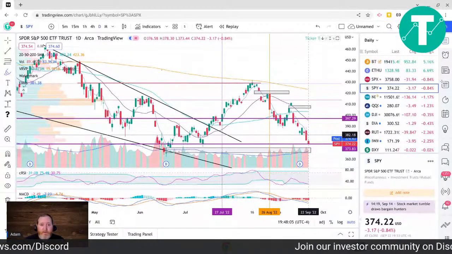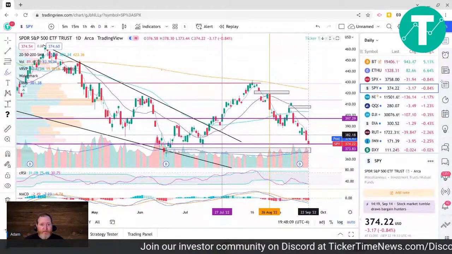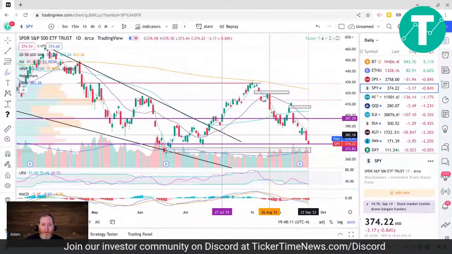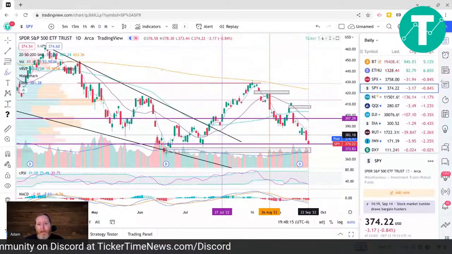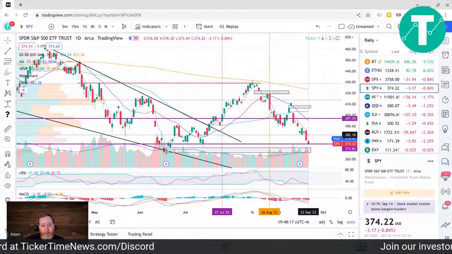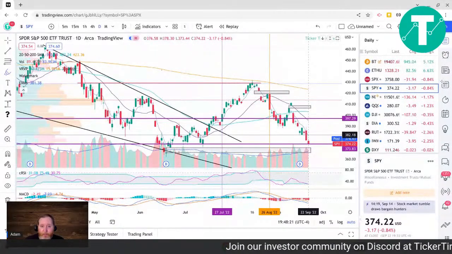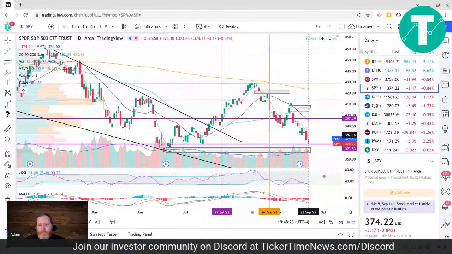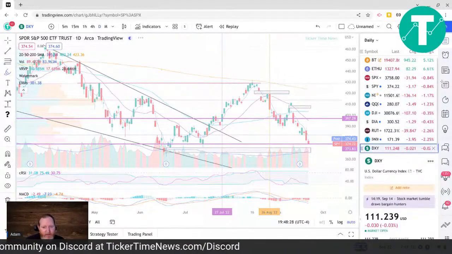Notwithstanding the stronger yen, the US dollar index was up another 0.5% today. Like when we were talking about gold at the very beginning of this video, with the dollar being up, that does not help the stock market, equities, and that does not help gold. The dollar being up another 0.5% today. Here, let's look at that. Then I'll come back to the Qs and the IWM real quick.